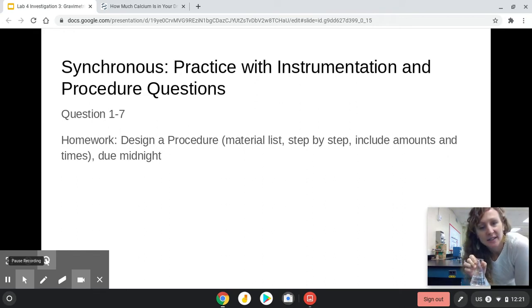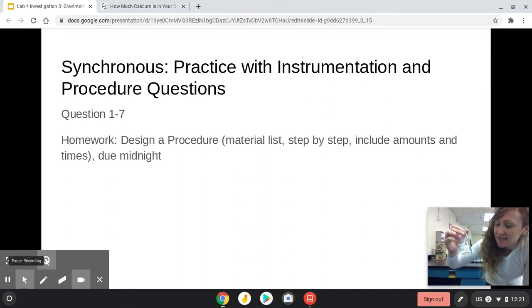Now, everybody will get a sample of their own tap water, and we're going to analyze this sample of tap water for calcium. How much calcium is in this sample? That's the question that you're going to explore here. So you need to write a procedure that will help you investigate that and figure out how much calcium is actually in this tap water.